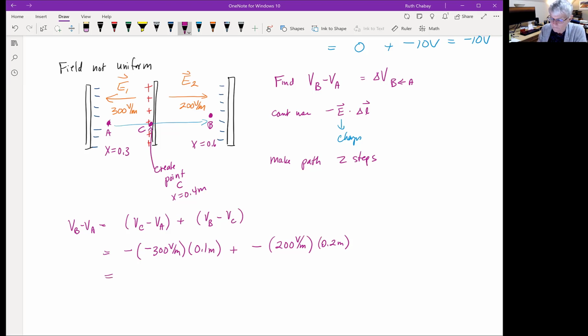And so here we get a plus 30 volts, which makes sense. Our path went opposite to the electric field for this first step. In the second step, we should get a negative quantity because our path is going in the same direction as the electric field, so we get a minus 40 volts. And so the overall potential difference is going to be equal to negative 10 volts.